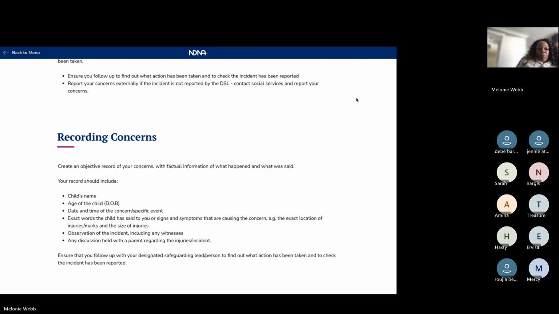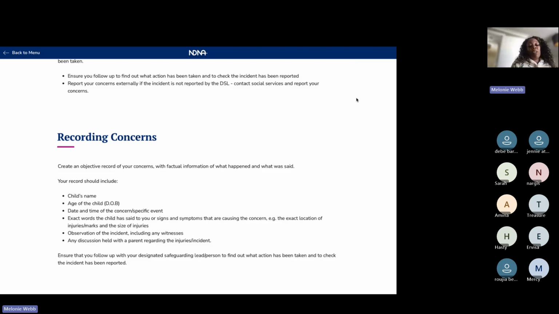You're welcome. Although we use My Concern, it does ask you for all of these things: the child's name, date of birth, the date and time of the incident, the exact words, all of those things that we've discussed. But if you are jotting it down on paper, when you make these notes, please try not to give any information away that could put that child again at risk, which is why I would always prefer for you to write it directly on My Concern.